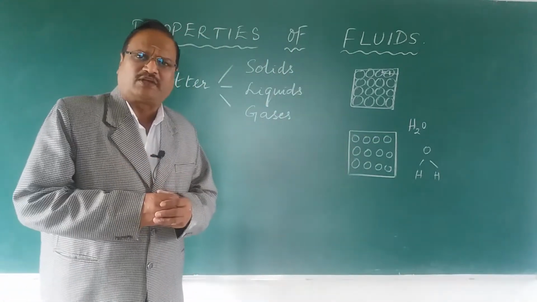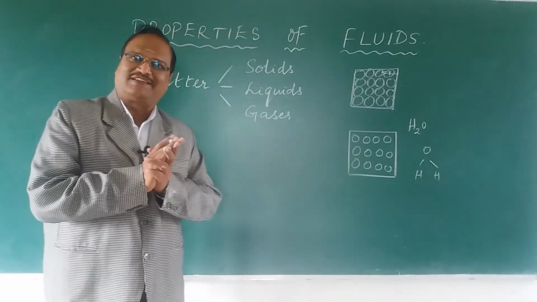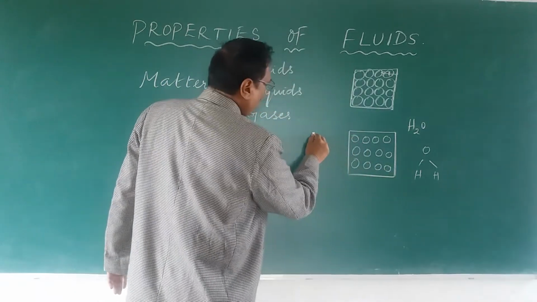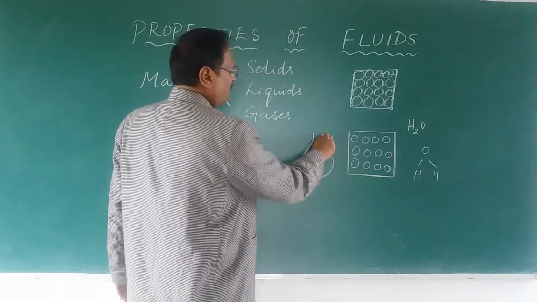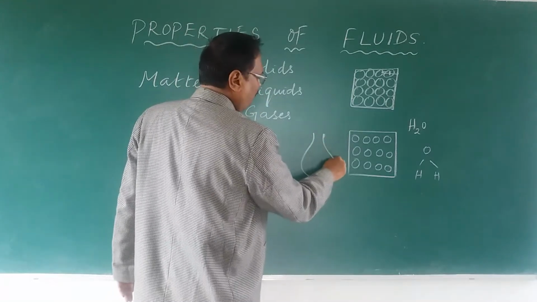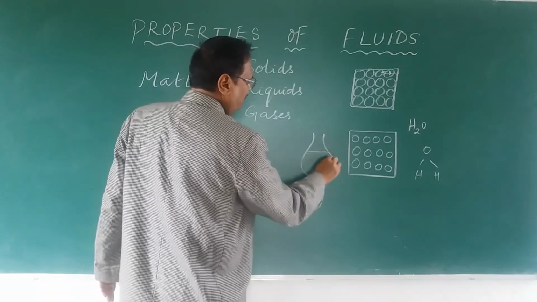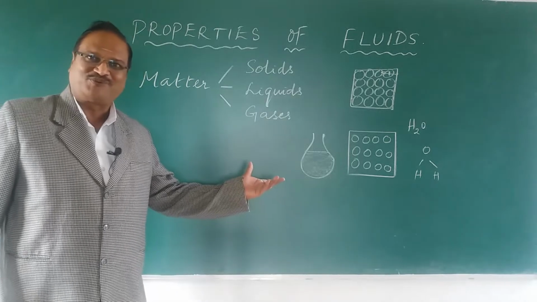What happens actually because of that? It does not have its own shape. Size is the same, but it takes the shape of the vessel or the container in which it is put. Suppose I have a pot and I pour this water into it, it will fill like this, and the shape of the water will be that of the pot.